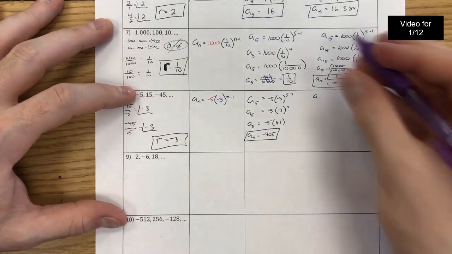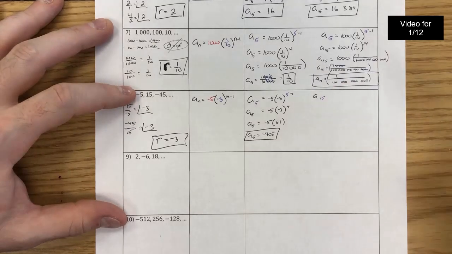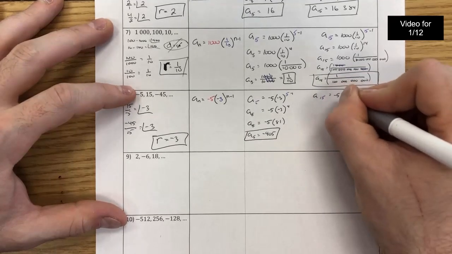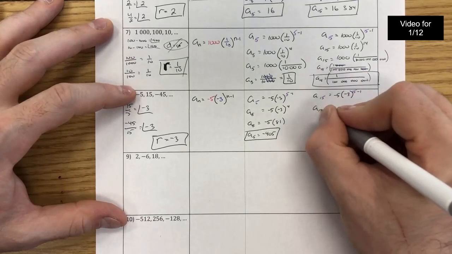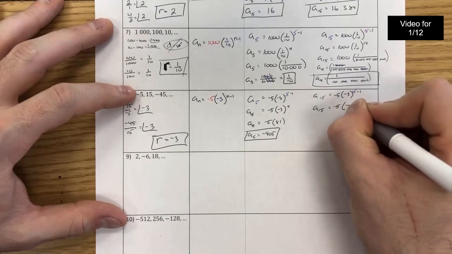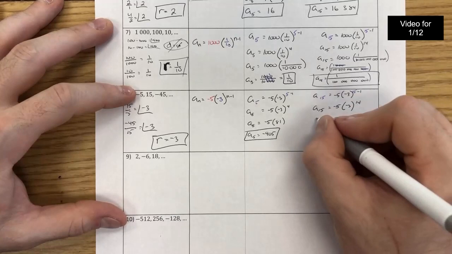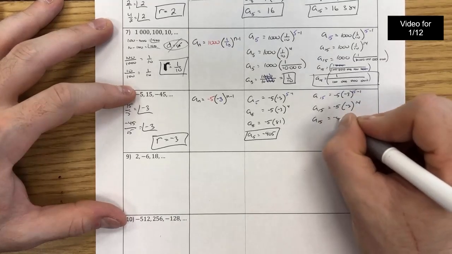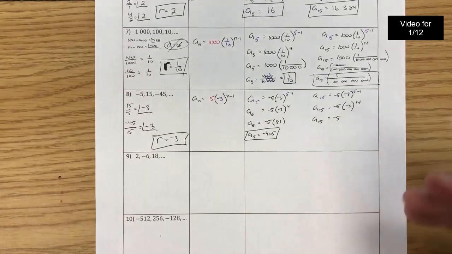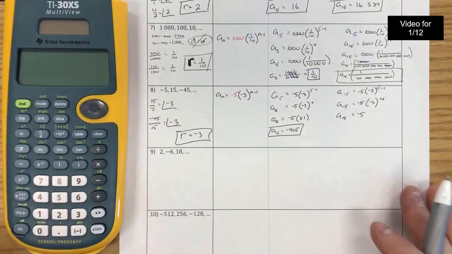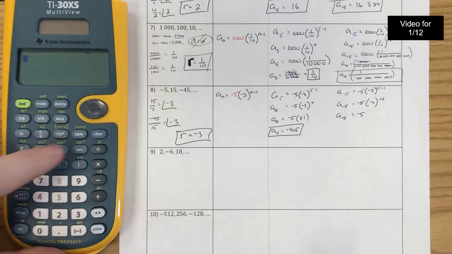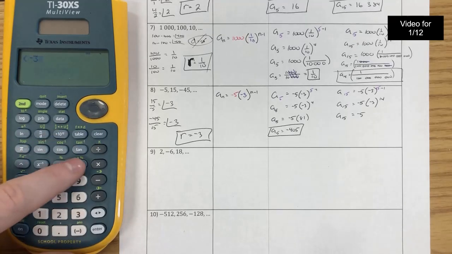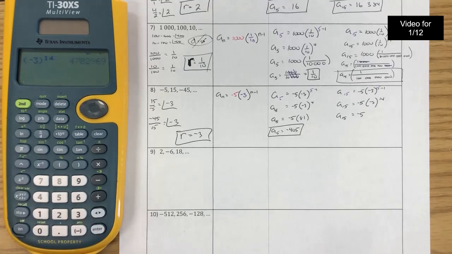And if we get 15, take -5 and I'm multiplying it times -3. Instead of 4 additional times, it's 15 minus 1, so 14 additional times. Okay. I can't quite do this one in my head, so I'm going to take -5. I know it's an even number, which means my 3 to the power of 14 is going to be positive. But let's take -3 to the power of 14.